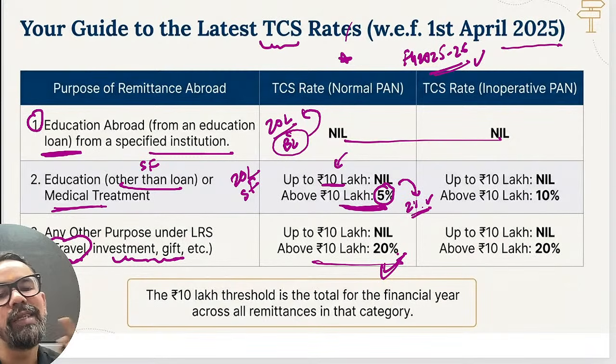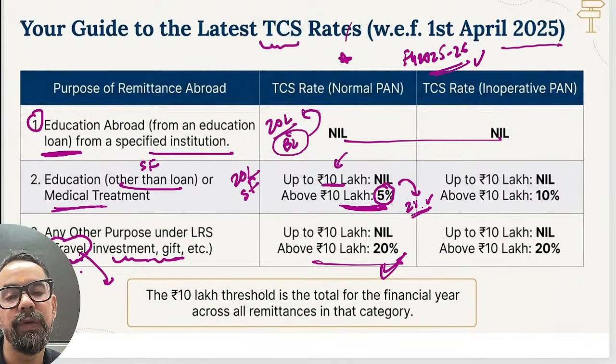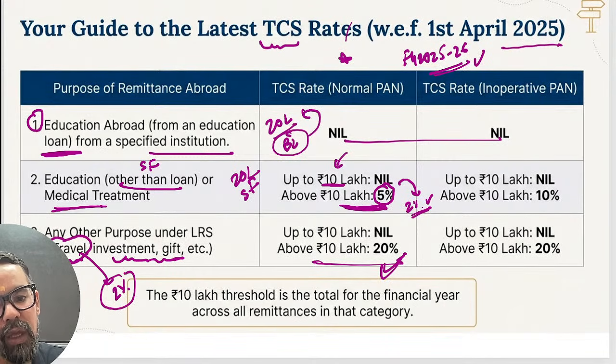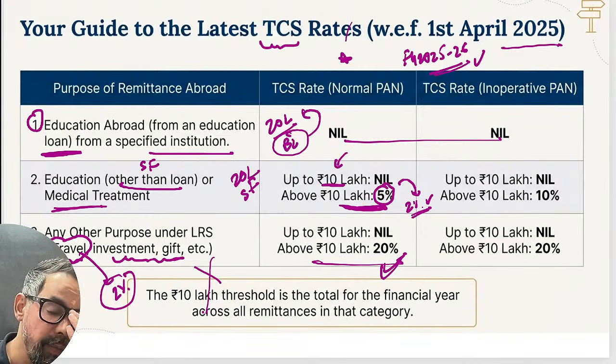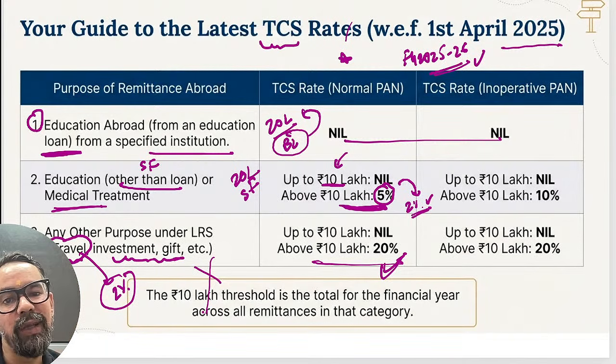Now another change which generally comes here: if you are buying a tour package, or tour and travel, or if you are going for travel abroad, and you are doing remittances for that purpose, you have to pay TCS at the rate of 2%, and the threshold will not be applicable in that case. Means let's say we are going abroad and we are remitting 7 lakh rupees.